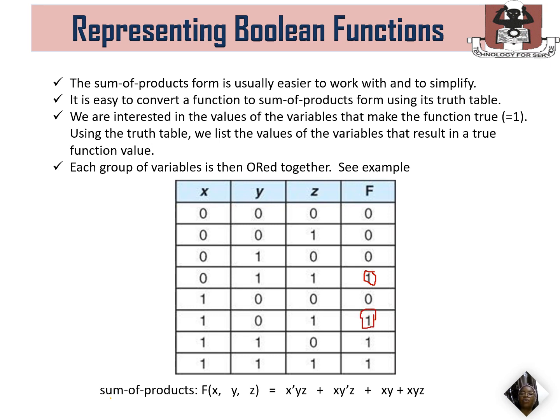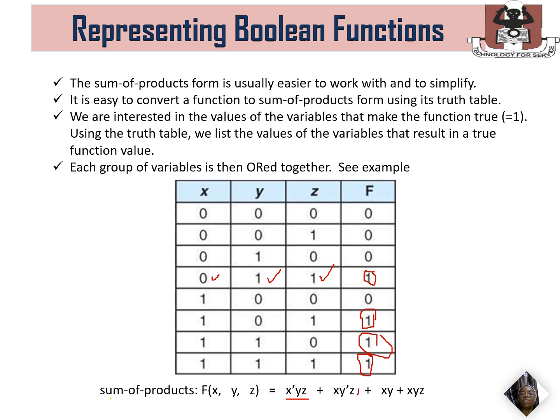So we now use all the high outputs and use sum of products to represent them, showing that wherever you have a high, you AND them. So like in this first variable, we have a not x in here. You see not x and y and z. So that is what is representing this.